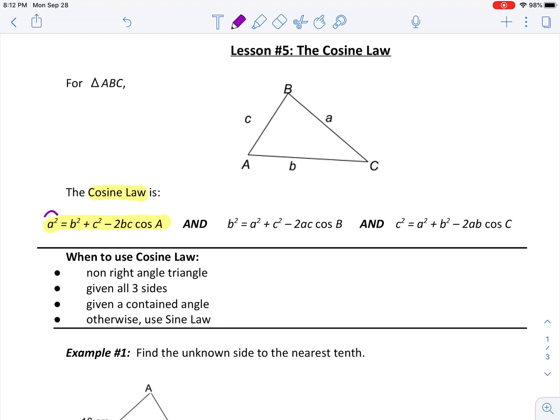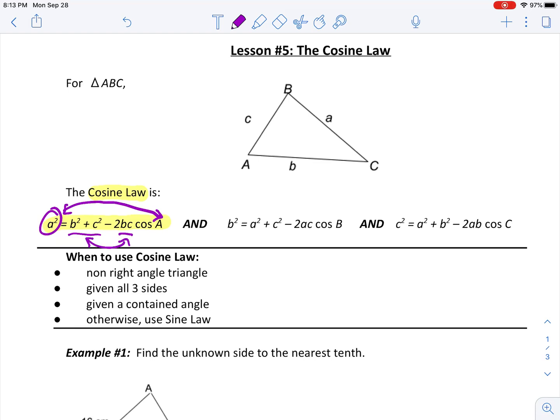So we have a squared, that's whatever side we are trying to find. A squared equals the other two sides, so the two known sides squared and added together, minus 2 times those two sides, notice those are the same variables, then times cos A. And these two variables are always matching.